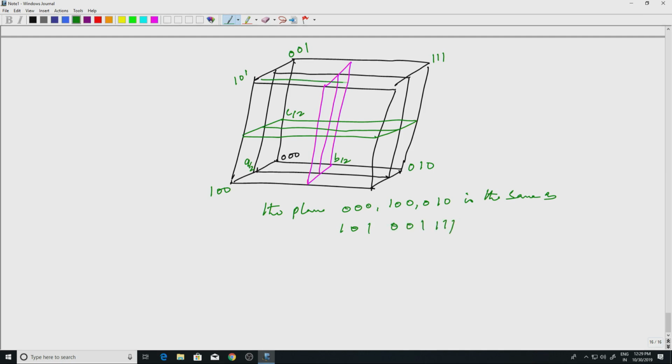That is the top plane and the bottom plane the same.